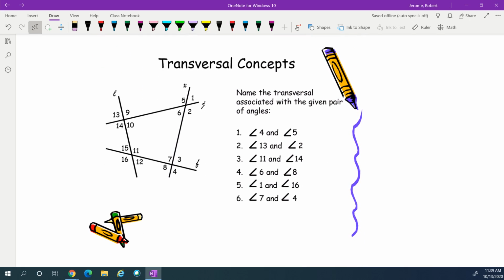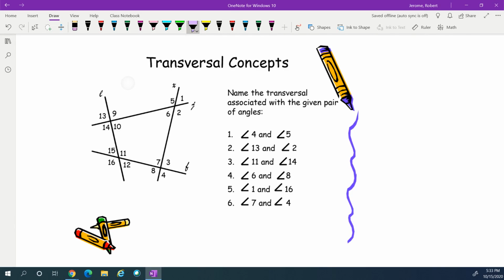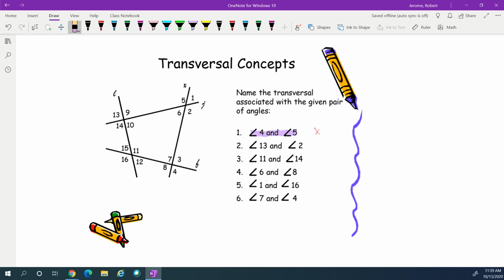So here we're asked to identify the transversal for each pair. Well, let's find them. Angles 4 and 5. Let's find them, 4 and 5. And the line that connects them, line X. How about for 13 and 2?